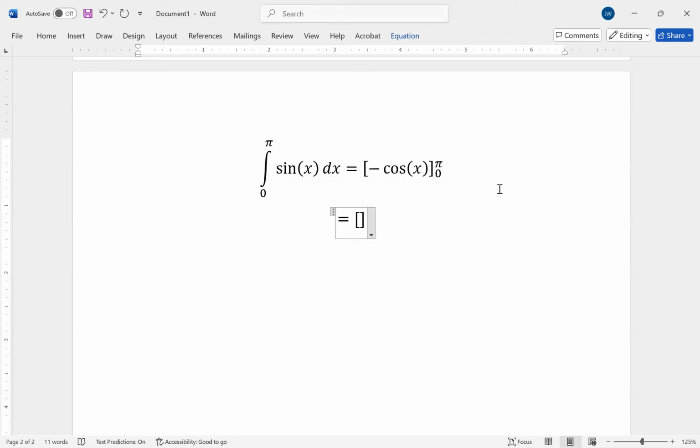I'm just going to calculate this. When you plug in cosine of pi, you're going to get a -1. So you get negative cosine of pi, which is the negative of a -1. When you plug in cosine of 0, you get a +1.